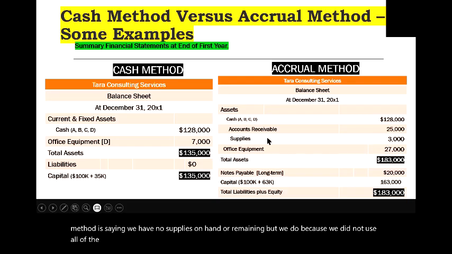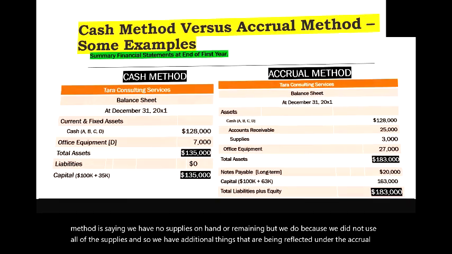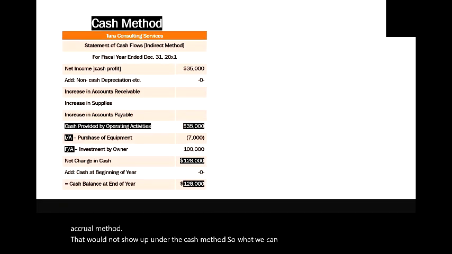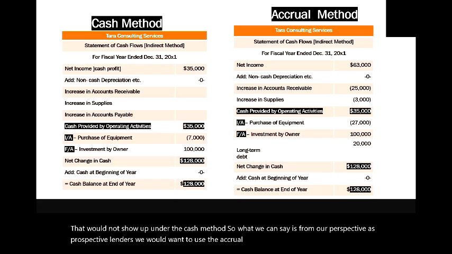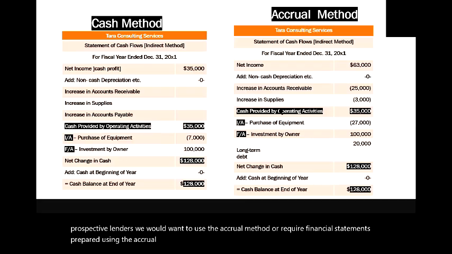And so we have additional things reflected under the accrual method that would not show up under the cash method. So what we can say is, from our perspective as prospective lenders, we would want to use the accrual method, or require the financial statements to be prepared using the accrual method as opposed to the cash method.